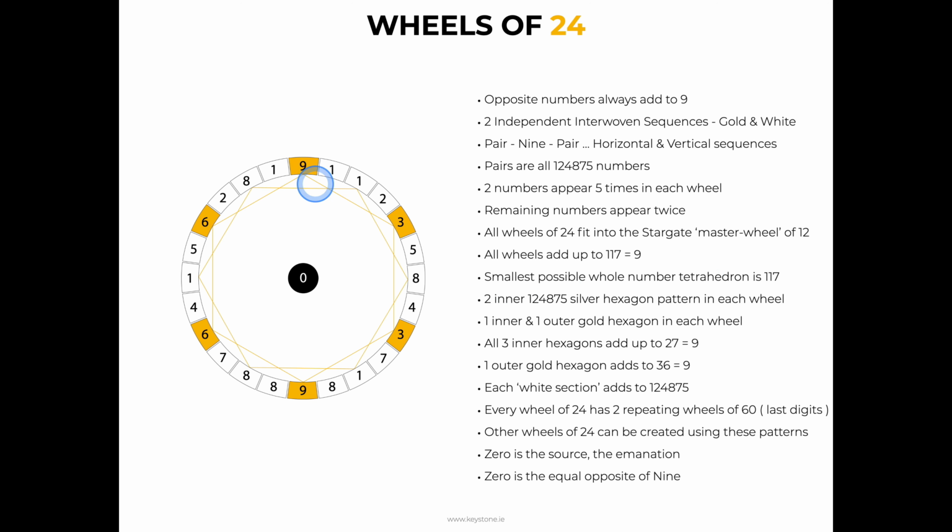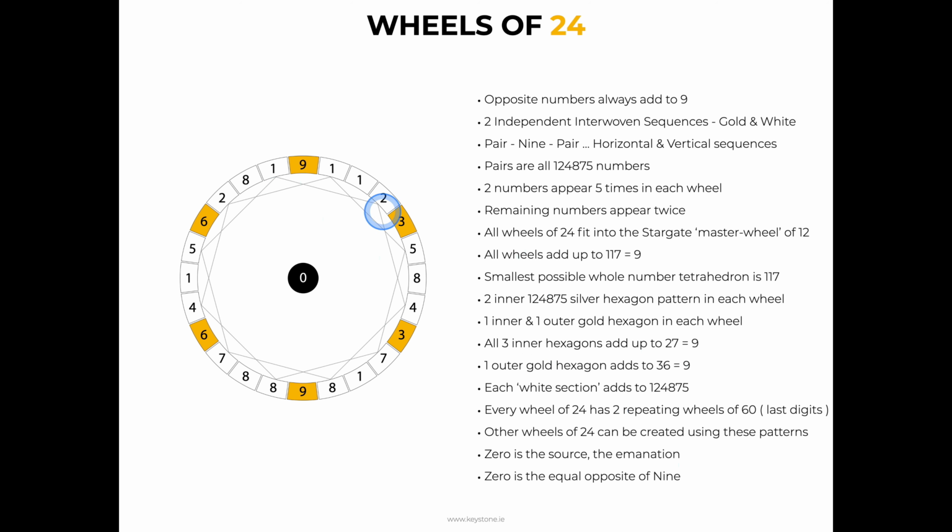We always find an outer 339, 669 golden hexagon and an inner golden hexagon. The outer golden hexagon is always made out of our golden numbers, 3, 6 and 9, whereas our inner golden hexagon is made out of one of the number pairs, either 1 and 8, 5 and 4, or 2 and 7. All three of the inner hexagons add up to 27 and the outer one adds up to 36.